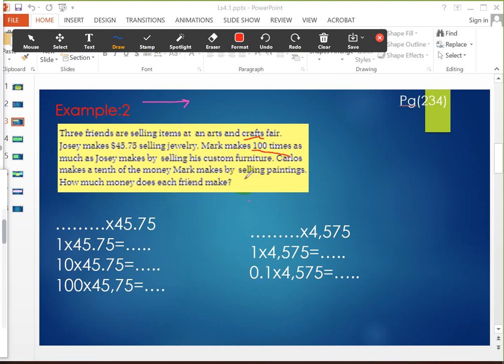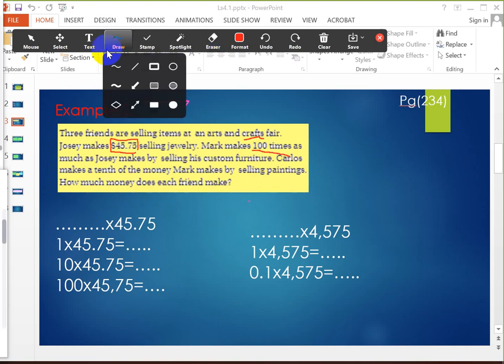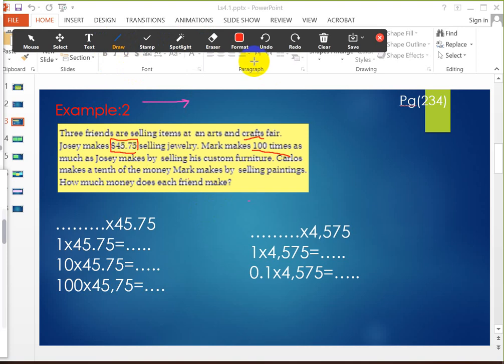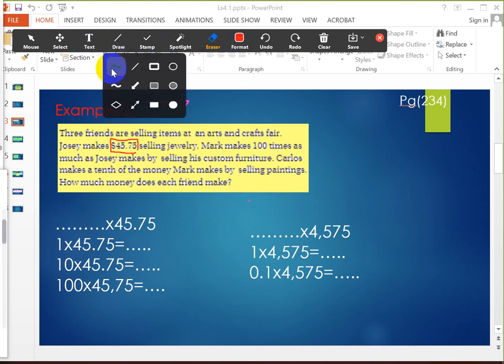So we have to compare between the money for Juicy and those amounts, 100 times and a tenth of. Okay, you have to focus on those. So focus on the first one.